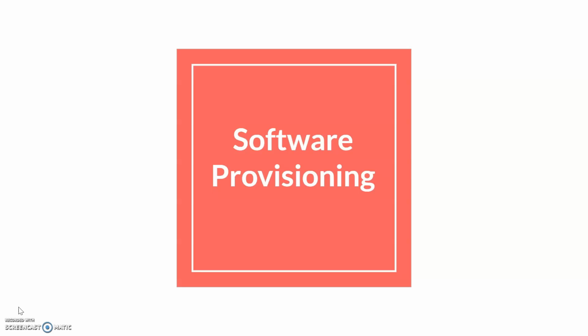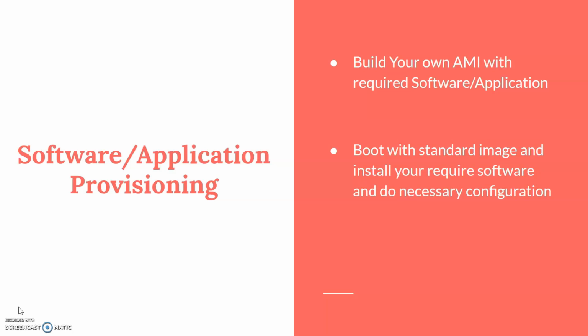So let's see. There are two ways to provision your software application. One is you can install an AMI, configure your application and configuration. You can upload your required documentation and scripts, and then configure and install all your software.